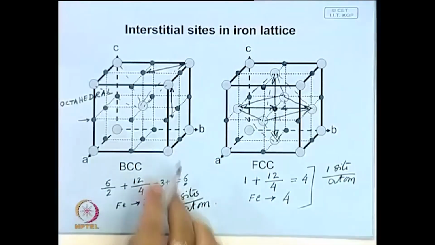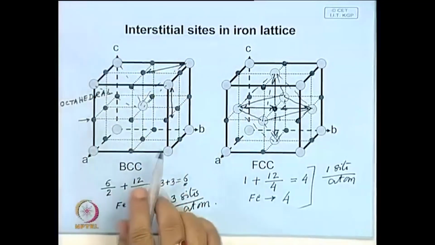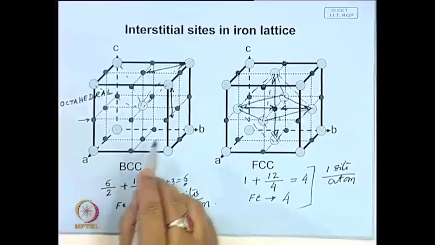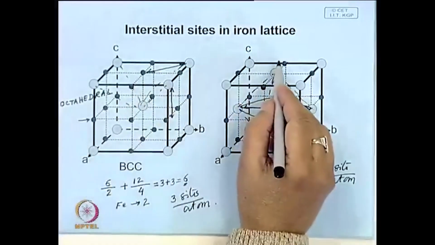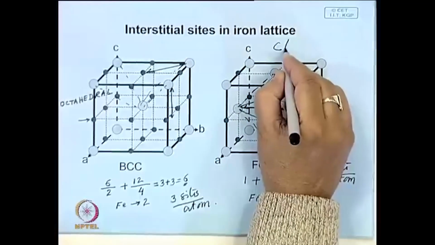So, obviously, even though we know that the BCC structure is not as close packed as face centered cubic. Face centered cubic is also called a close packed structure.